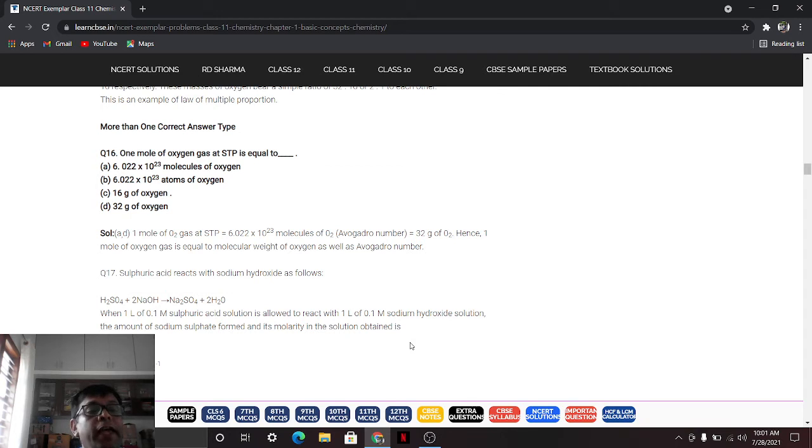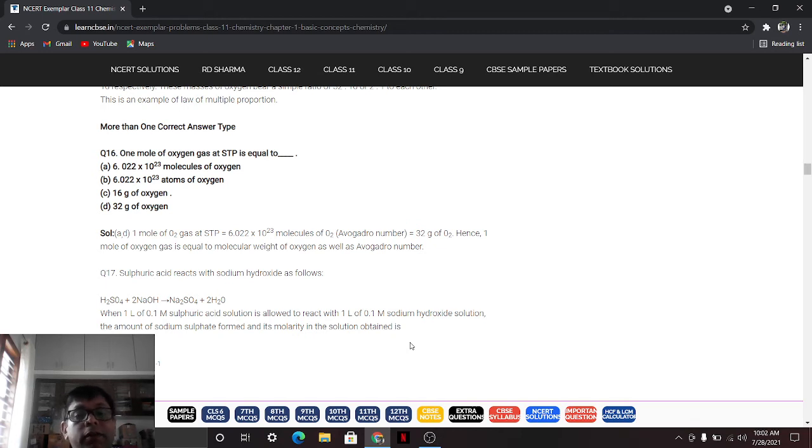One mole of oxygen gas at STP is equal to ಎಷ್ಟಿರುತ್ತೆ? 6.02 into 10 to the power of 23 molecules ಅಂತ ಇದೆ, 6.02 into 10 to the power of 23 atoms of oxygen ಅಂತ ಇದೆ, 16 gram of oxygen ಅಂತ ಇದೆ, 32 gram of oxygen ಅಂತ ಇದೆ. ಇಲ್ಲಿ both A and D ಎರಡೂ ಕೂಡ ಕರೆಕ್ಟ್ ಯಾಕೆಂದ್ರೆ 1 mole of oxygen at STP ಯಾವಾಗಲೂ contains Avogadro number of molecules ಇರುತ್ತೆ ಅಂತ ಗೊತ್ತು ನಮಗೆ, 6.022 into 10 to the 23 molecules of oxygen.